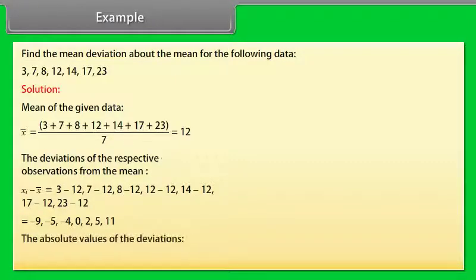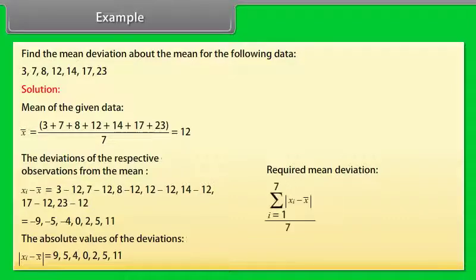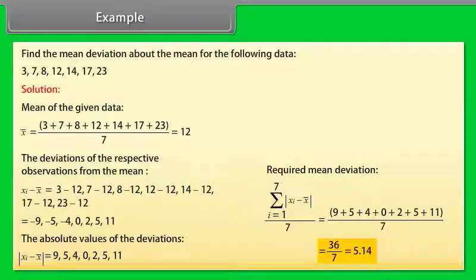Then, the absolute values of the xi minus x bar are 9, 5, 4, 0, 2, 5, 11. Finally, we find the mean deviation by using the formula summation from i equal to 1 to 7 of |xi minus x bar| divided by 7, which is 5.14.